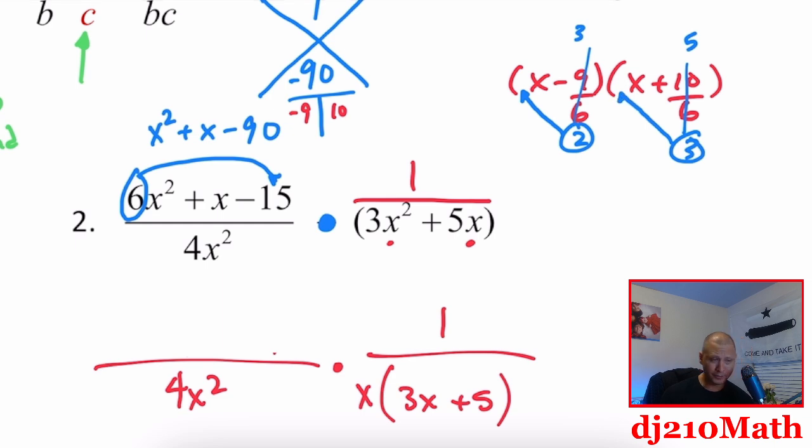I know if this is your first time seeing this, this is a very unique way of factoring, but it is very, very effective. So this is really 2x minus 3 and 3x plus 5. That's the numerator. That's what has to go over here.